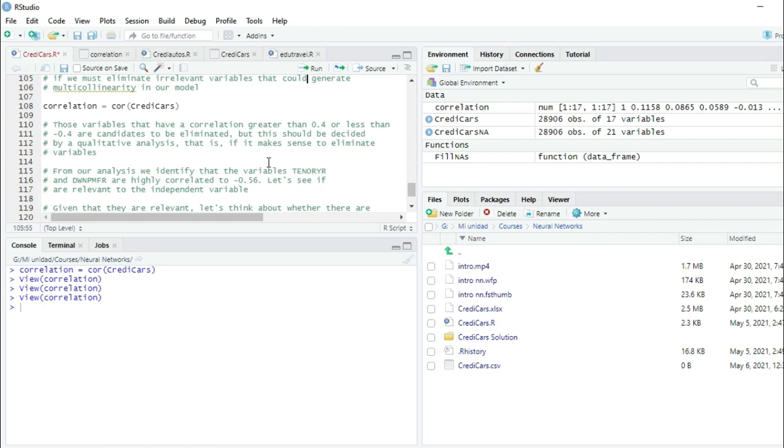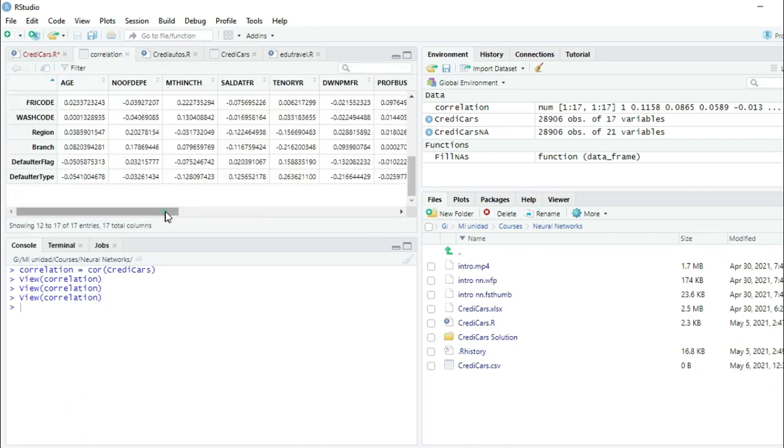So at least for me, I cannot think of a reason. And I will decide to keep these two variables in my model, at least in my preliminary model. Then I will see if I will decide to keep them or to throw out at least one of them. But at least in my preliminary model, I will include both of these two variables.